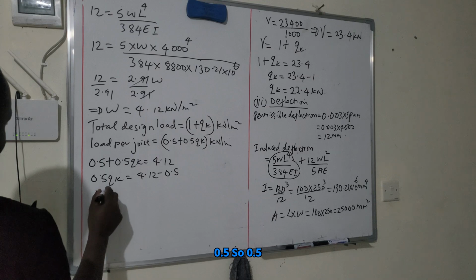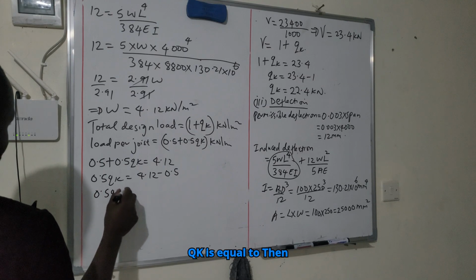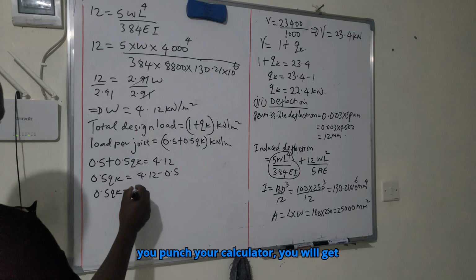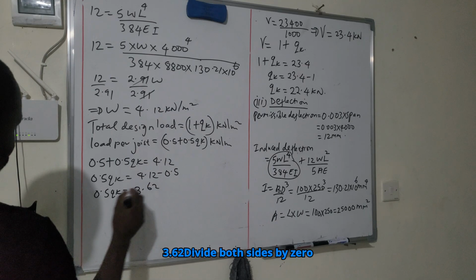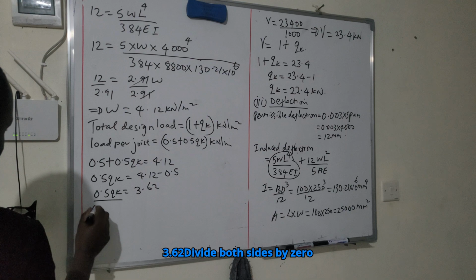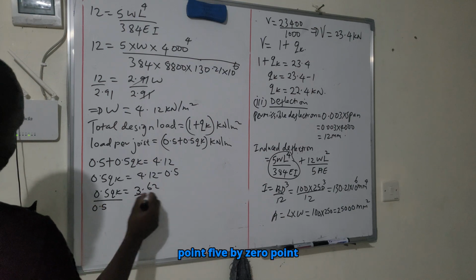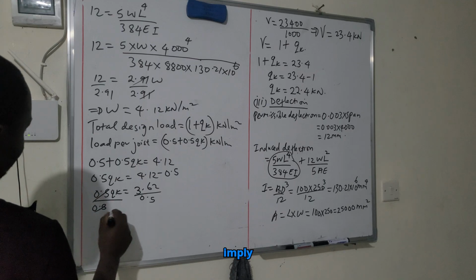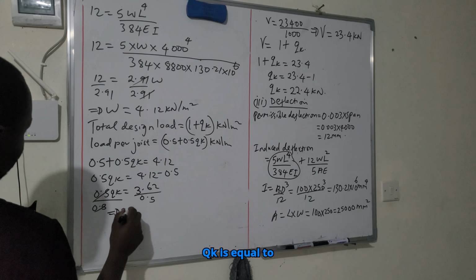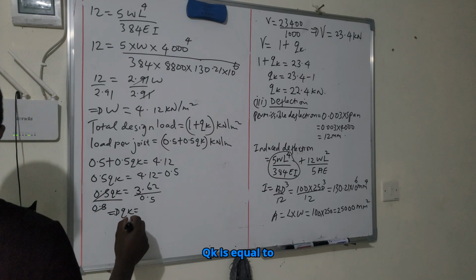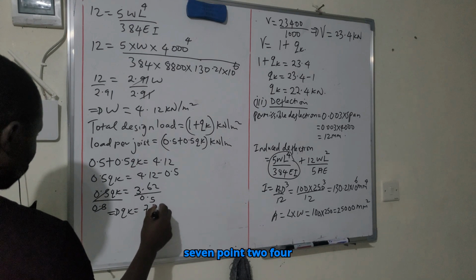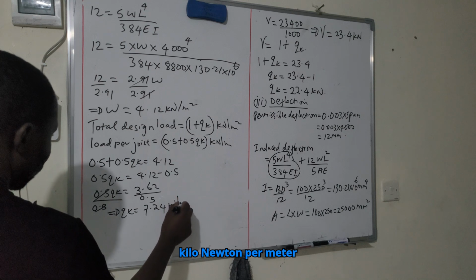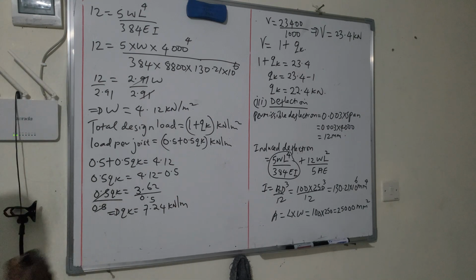Then you punch your calculator, you will get 3.62. Divide both sides by 0.5. So which imply QK is equal to 7.24 kilonewton per meter square.